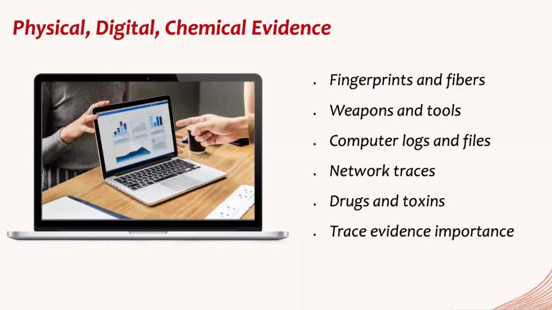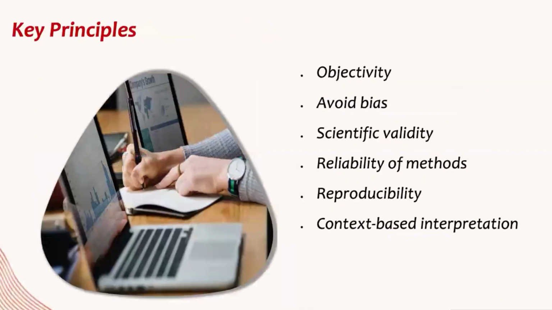The physical items link suspects to actions. Invariably, the digital evidence reveals timelines and behavior, while the chemical evidence identifies substances that we have said earlier, drugs and toxins. There are, however, key principles that we need to look at.